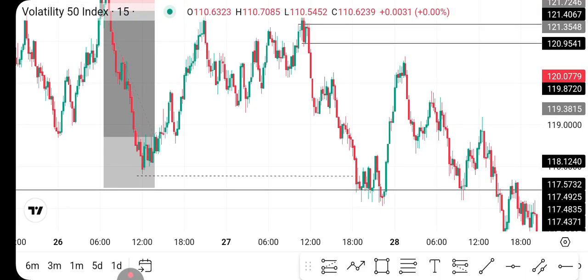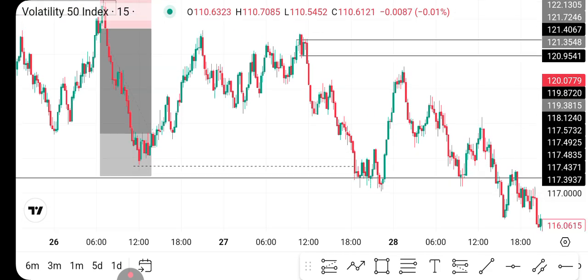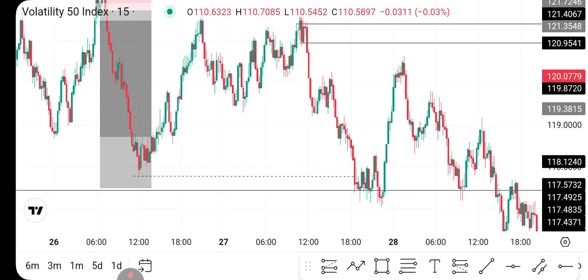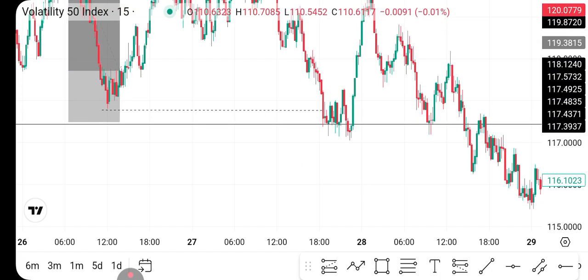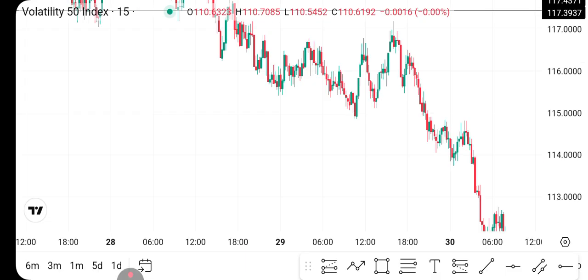Price did not. So that's all. We are still bearish actually. So let's see if we can find some other entries. So price just kept going.